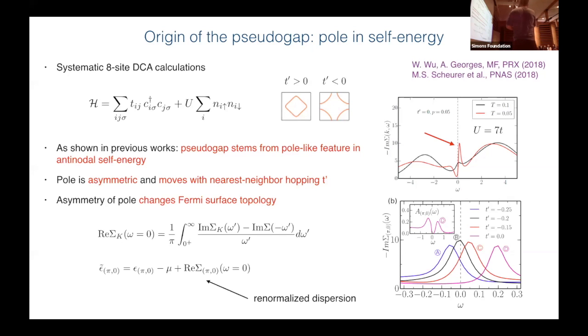So according to the value of t', the effect of correlations will be either to make your Fermi surface more hole-like or more electron-like. And it's a pretty strong effect. You'll see in a second.